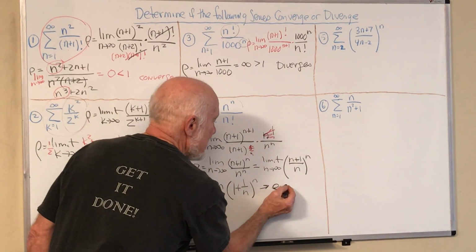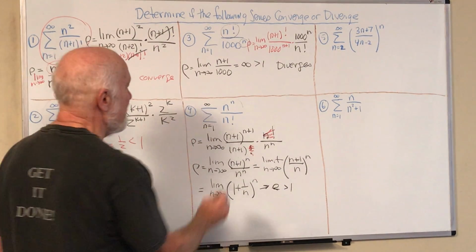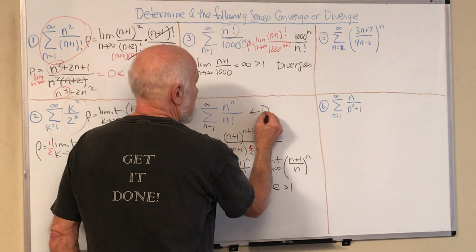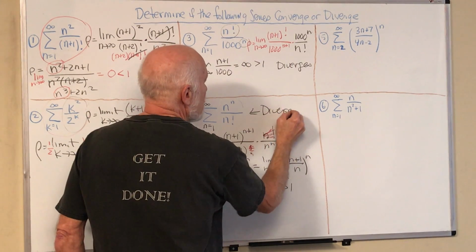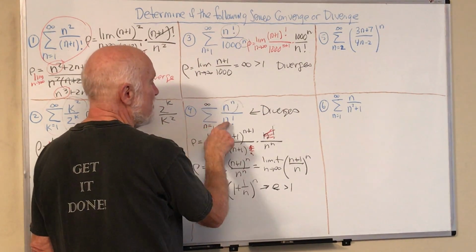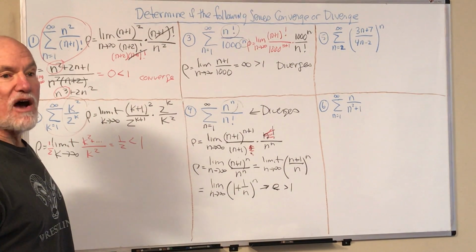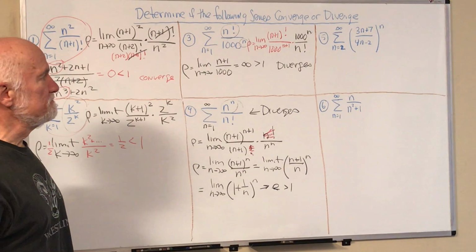And since e is greater than 1, we can say that this diverges. So I think what we found is that n to the nth power is even stronger than n factorial as far as how big those numbers are getting.